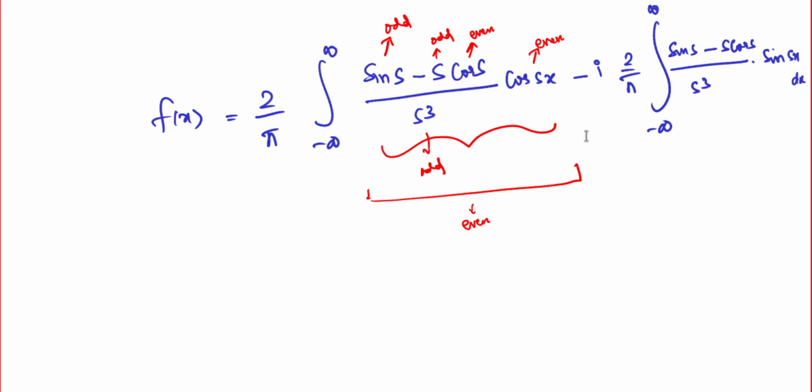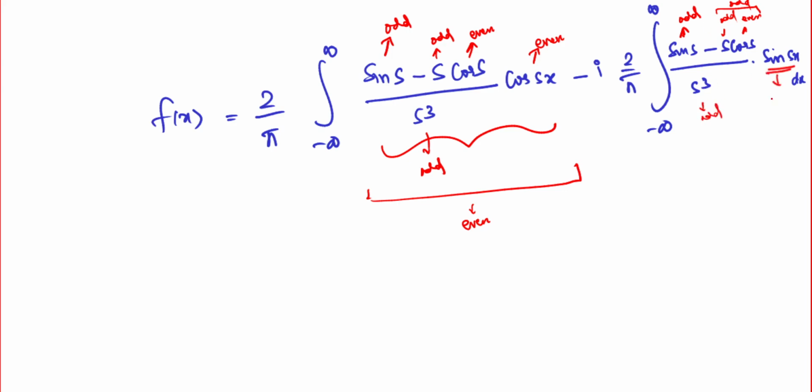Now can you check what about the other side? You see that this is an odd function, this is an odd, and this is an even. So together this is an odd function. Odd minus odd is an odd, and therefore this will become an even function.